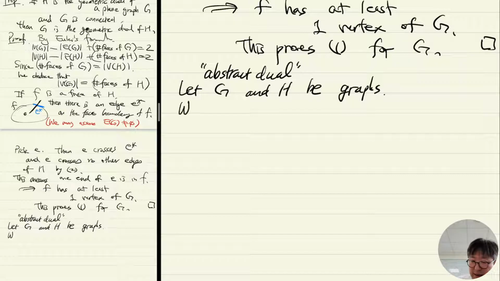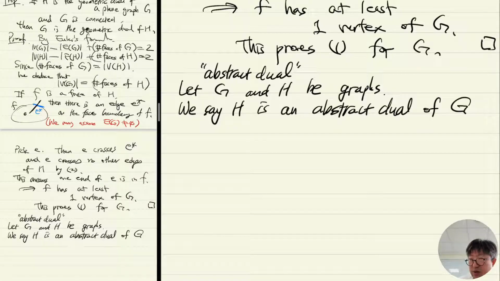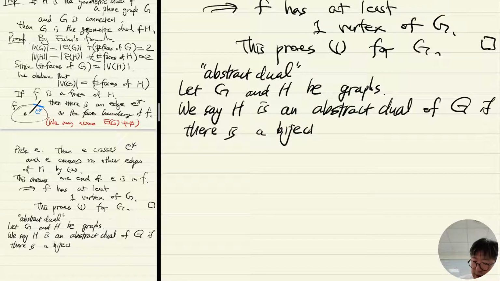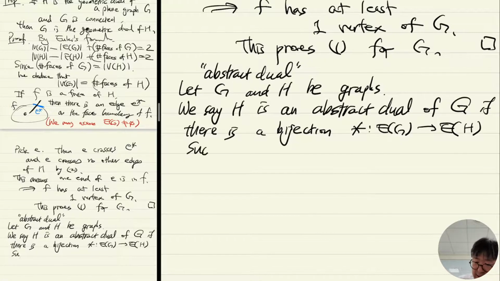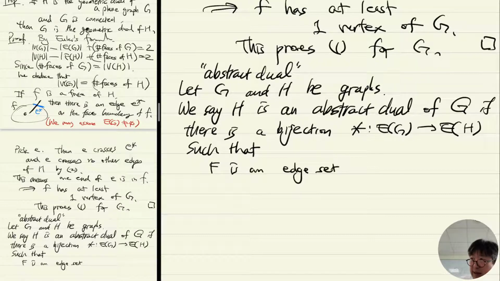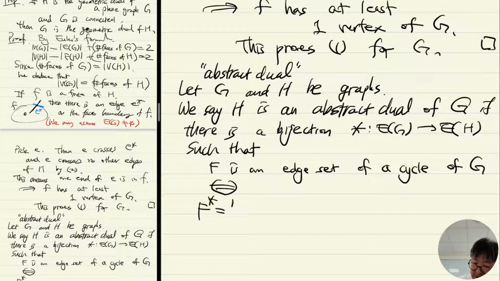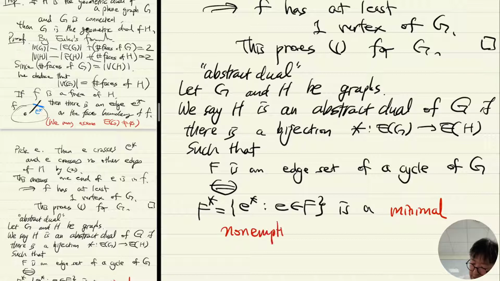And then we say H is an abstract dual of G if there is a bijection star from the set of edges of G to the set of edges of H such that F is the edge set of a cycle of G if and only if F star, which is the set of edges corresponding to F, is a minimal non-empty edge cut of H.